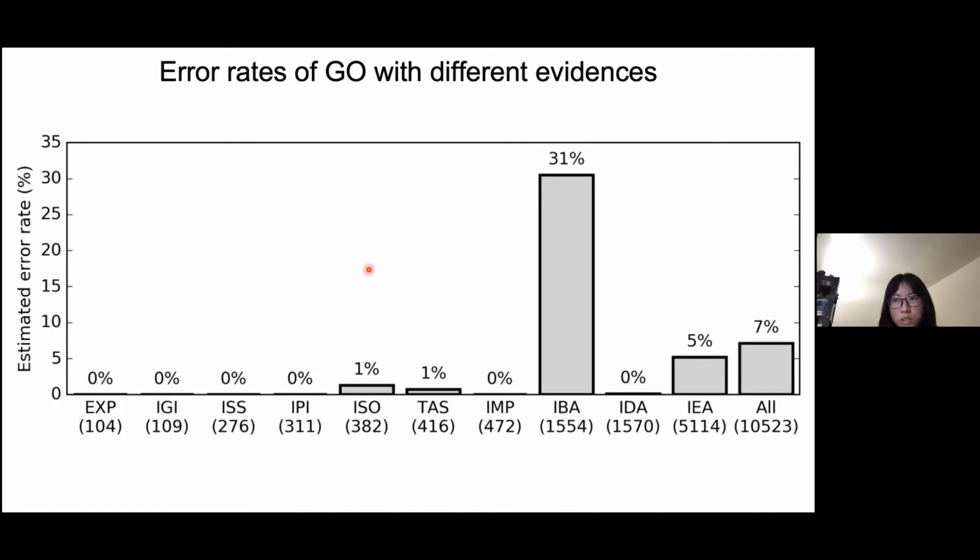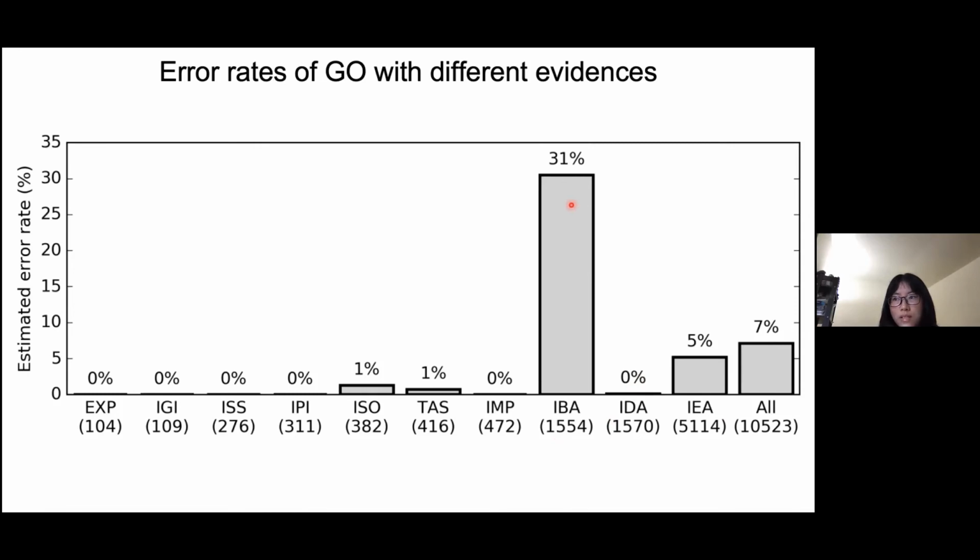Among these annotations, there are 1,500 IBA terms, so the percentage is 31%. It means that 31% of them were rejected in 2019.